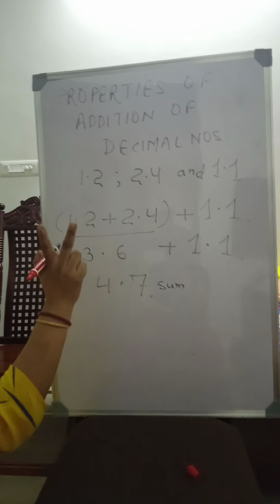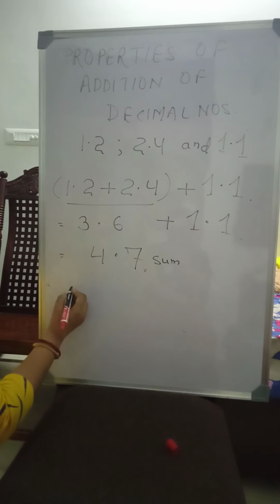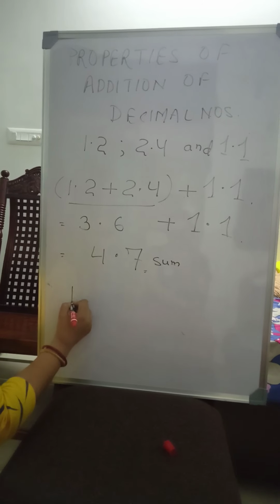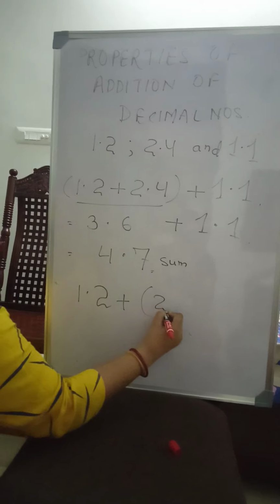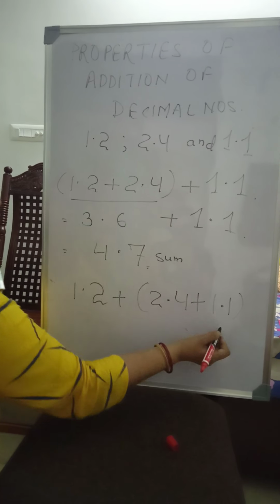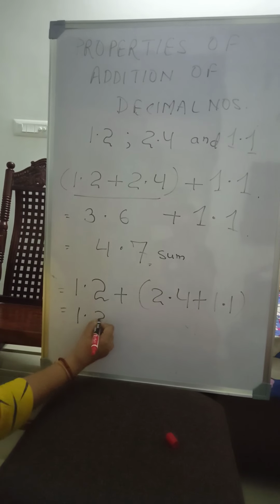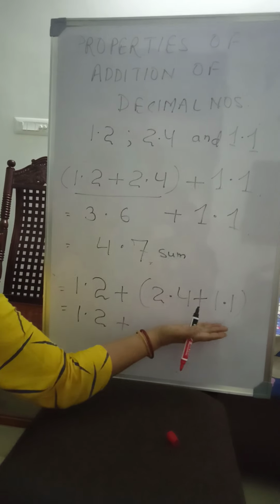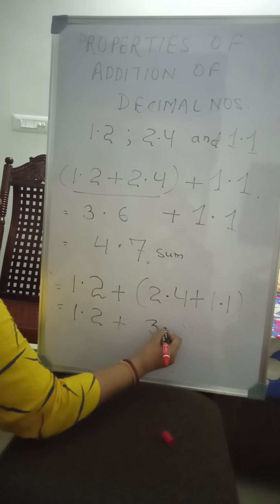Now if the grouping is changed, all of you look here: 1.2 plus 2.4 plus 1.1. Now the grouping is changed, children. Now add this grouping first, so it is 3.5.